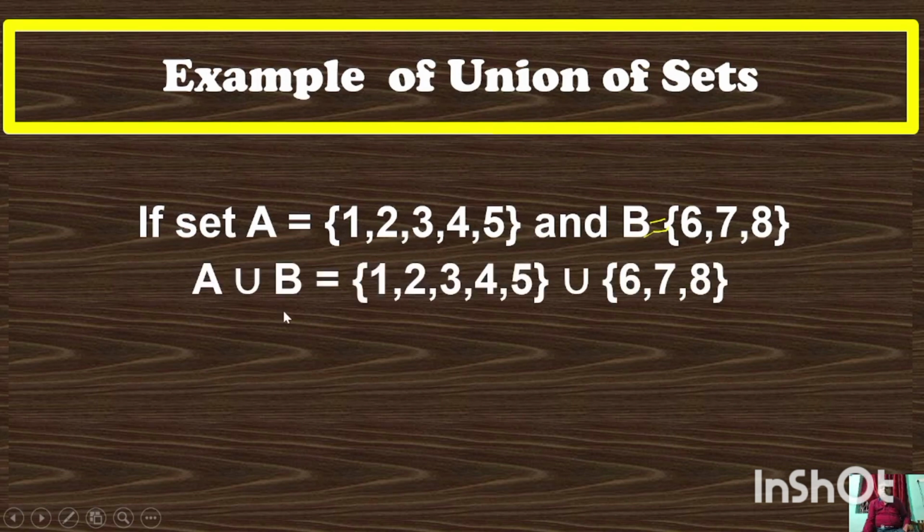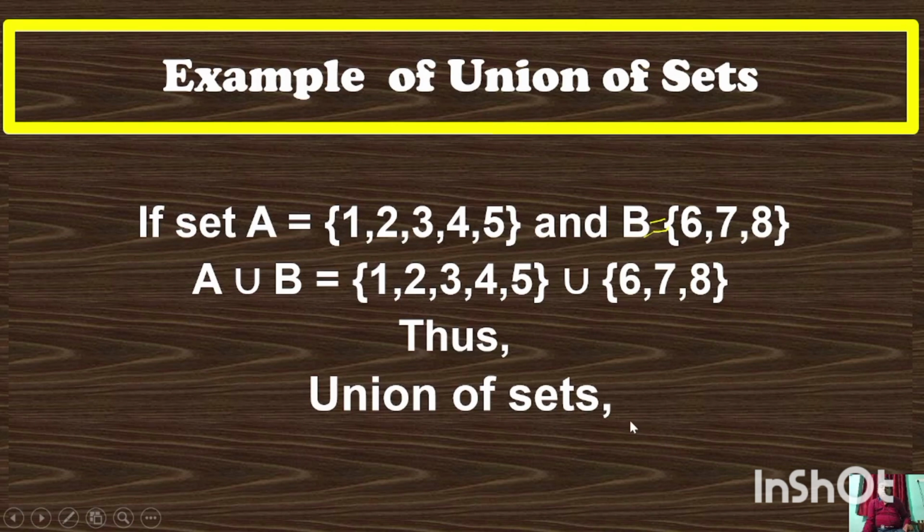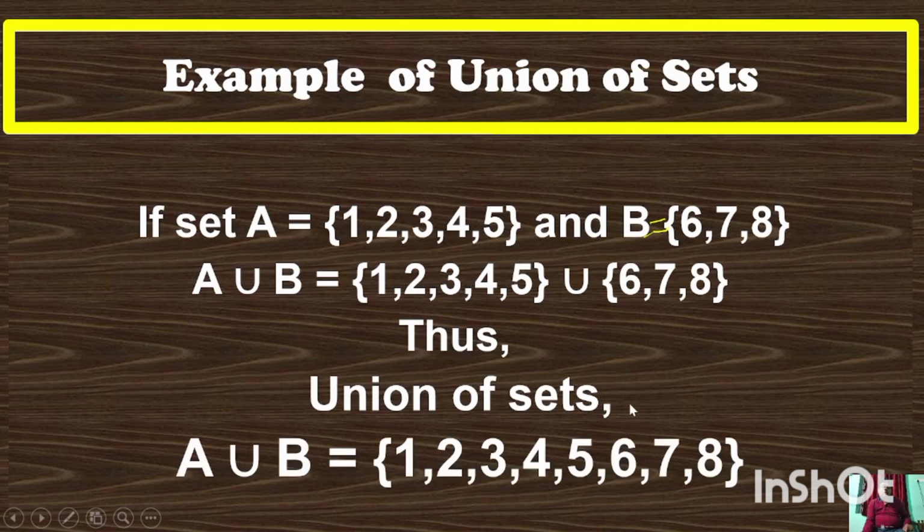Now let's see A ∪ B. A ∪ B means we have to take all the elements of the set A as well as the set B, right? So {1, 2, 3, 4, 5} ∪ {6, 7, 8}. Thus we shall get the union of the sets, A ∪ B, which is {1, 2, 3, 4, 5, 6, 7, 8}. This is the union set of A and B.